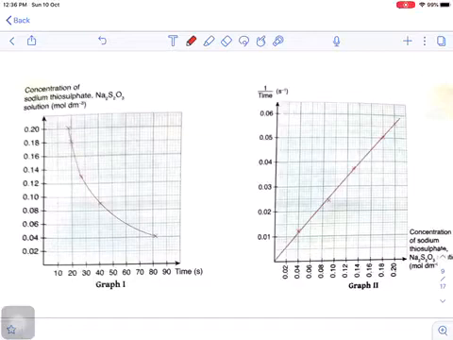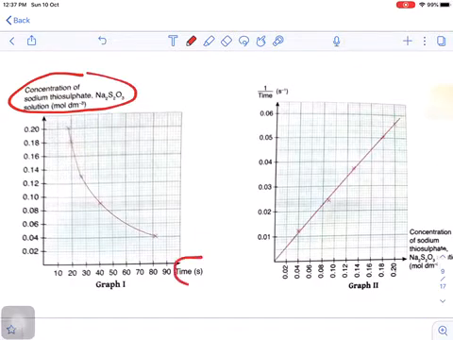For concentration, normally we have 2 graphs for this experiment between sodium thiosulfate and sulfuric acid. So the first one is concentration against time. From this graph, we can conclude that if the concentration is higher, the time taken is shorter. But when the concentration is lower, the time taken is longer.